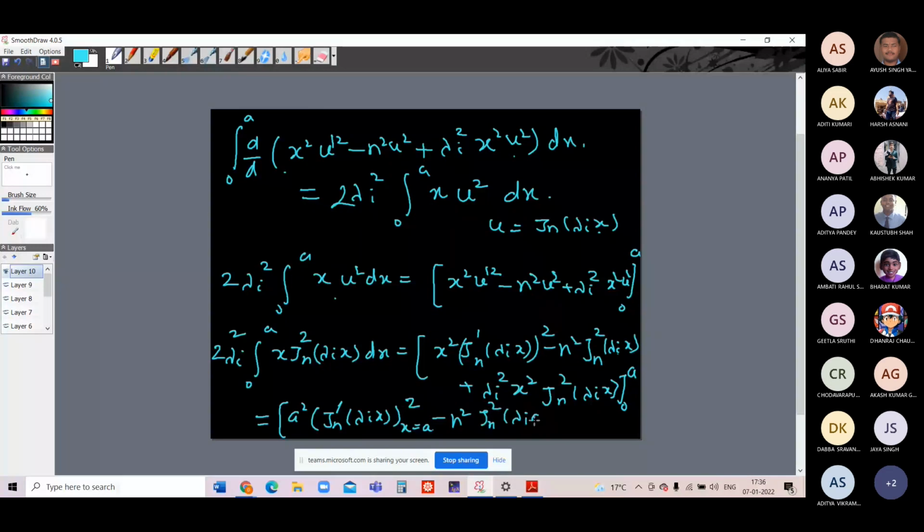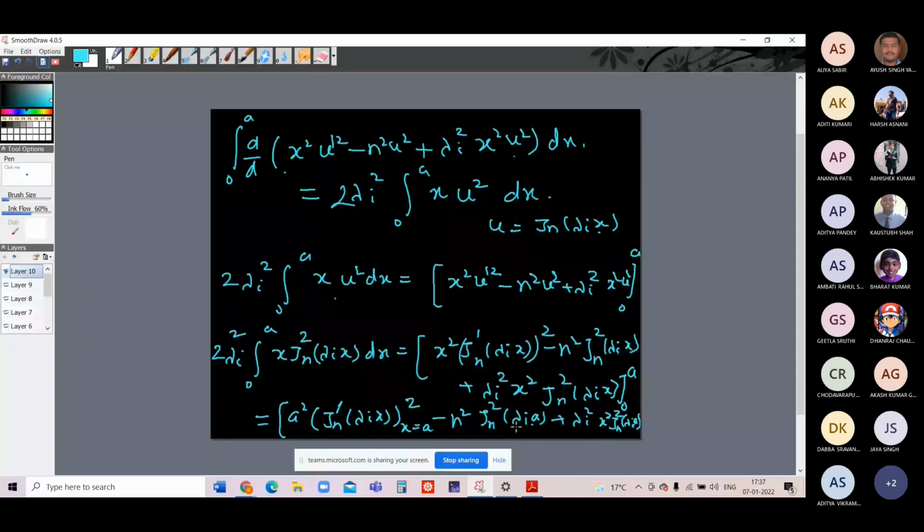You know that lambda i is the root of Jn a, so this term will be 0. And lambda i square x square Jn square lambda i a will again be 0, because lambda i is a root of Jn. So the third term will again be 0.